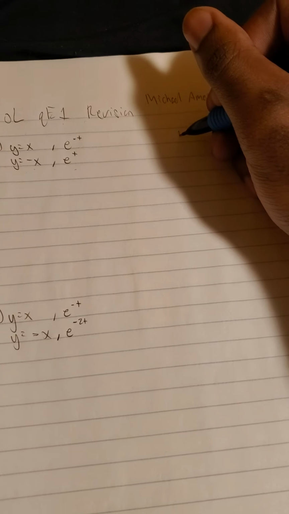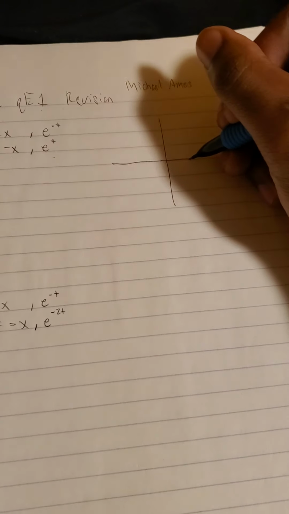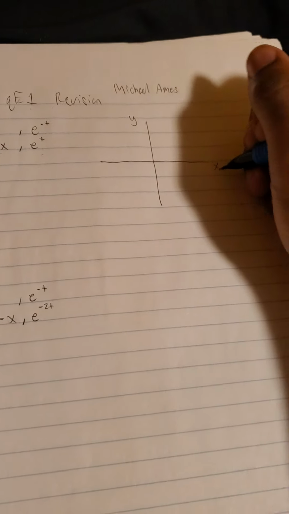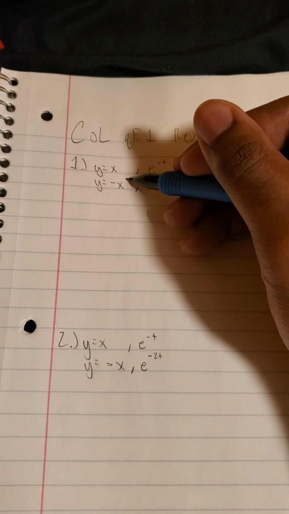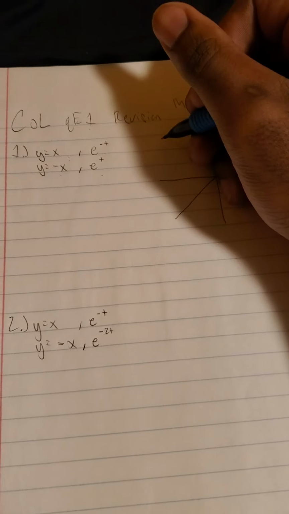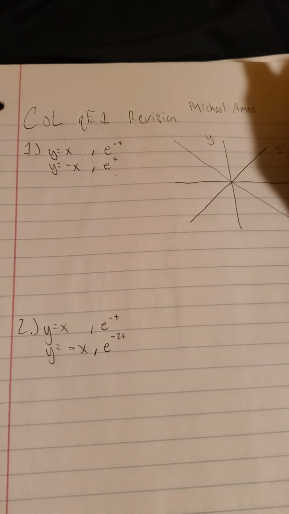So the first thing that we would do is draw our y-x graph. And then we will draw the two different y equations that were given, which is y equals x and y equals negative x. So y equals x, y equals negative x, and I'll label that.